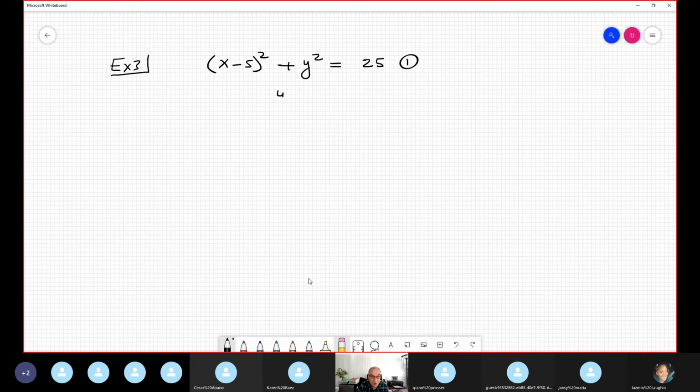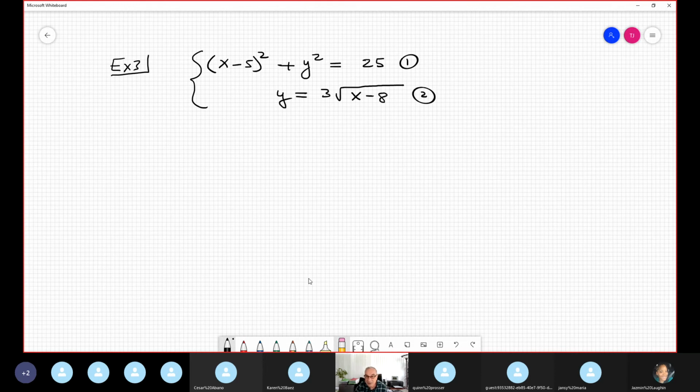And the second equation is y equals 3 times the square root of x minus 8. This is equation 2.